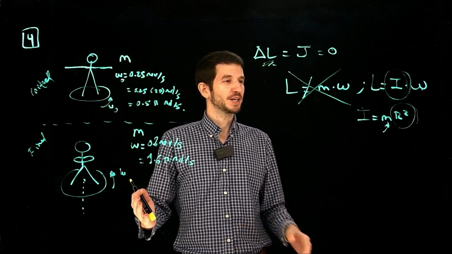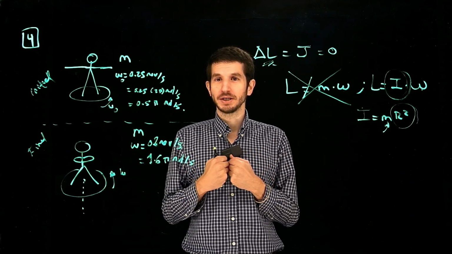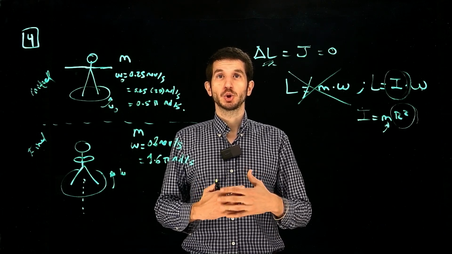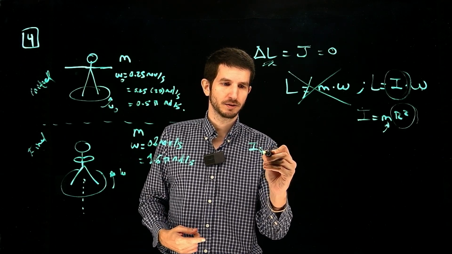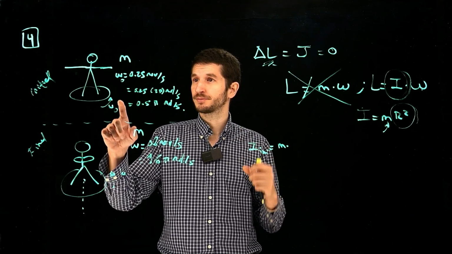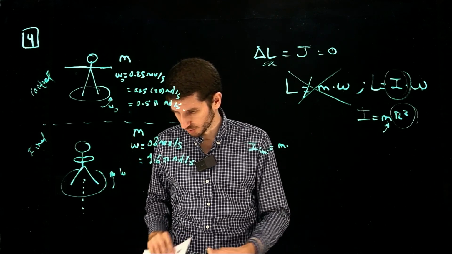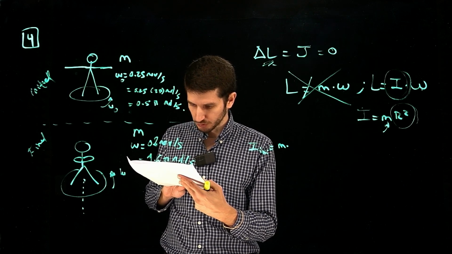So if that is the case, then as he brings the arms towards himself, he is reducing the radius, so he is decreasing inertia. Let's see inertia initial, it's equal to the mass times the radius, whatever that is. So what is the question here? Find the ratio of his moment of inertia in the first case to that of the second.